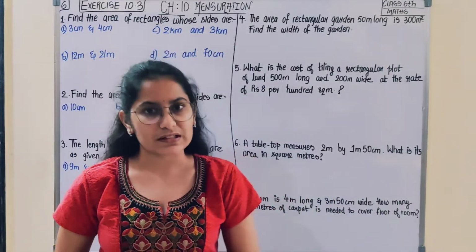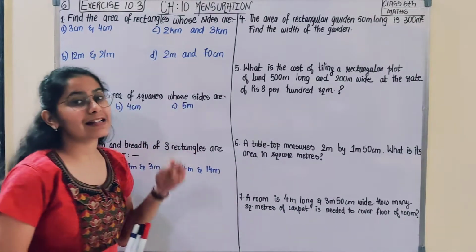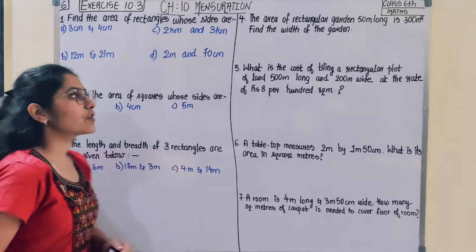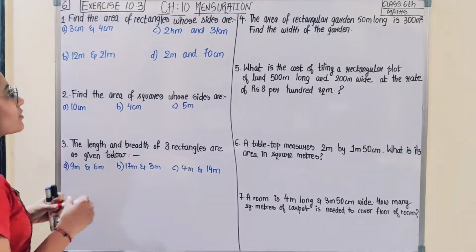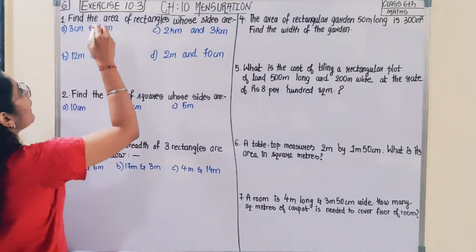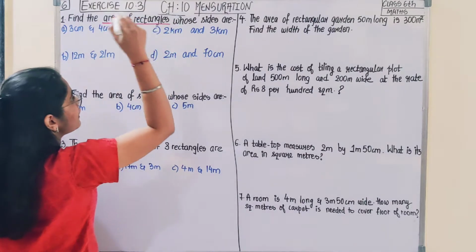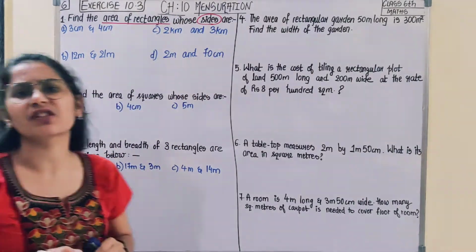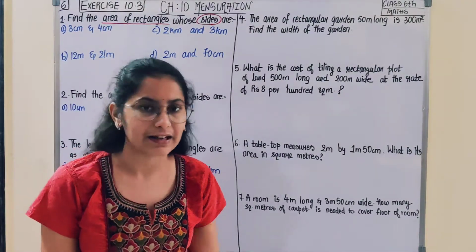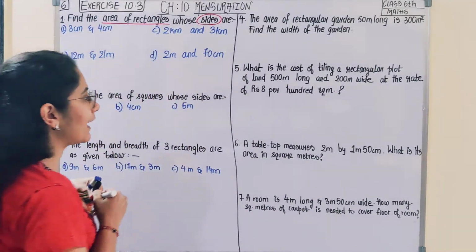So without wasting much time, let us start with exercise 10.3. Question first says find the area of rectangle. In this question 1, we have to find the area of rectangles whose sides are given. So dimensions are already given, you have to just apply the formula and calculate. What formula would you be applying?